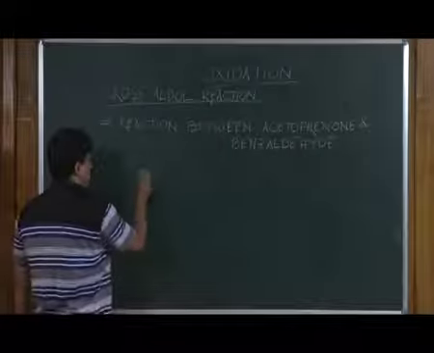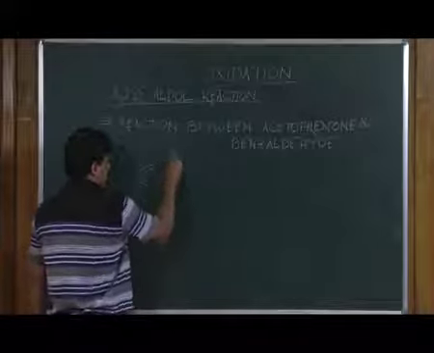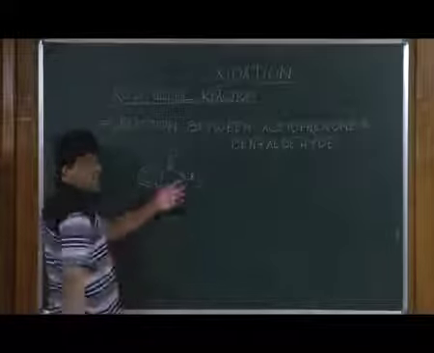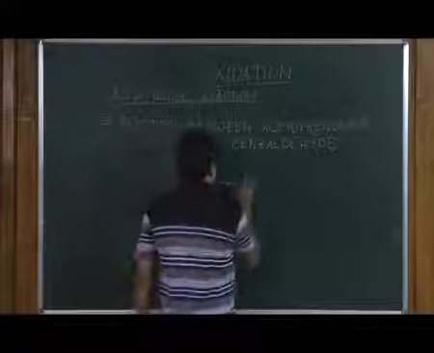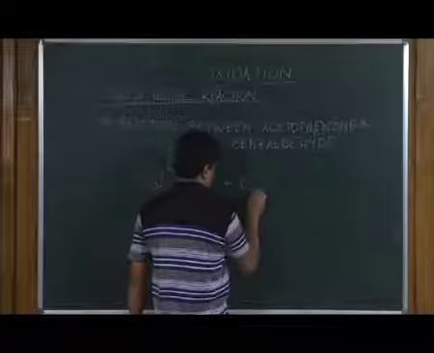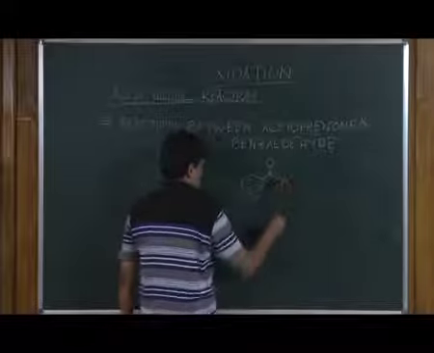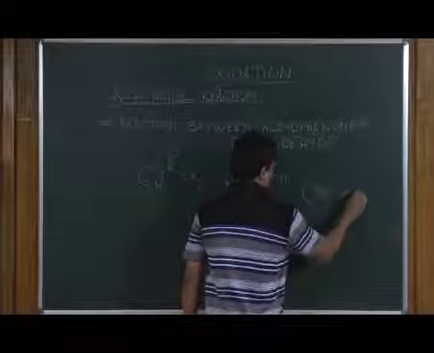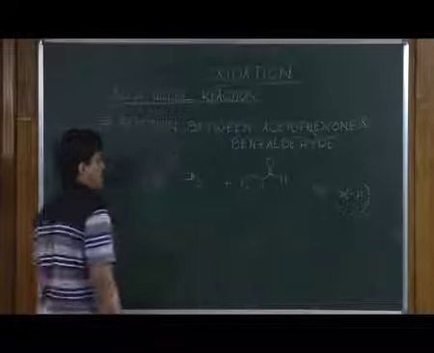Acetophenone has alpha CH, but in benzaldehyde there is no alpha carbon on this side, so there is no alpha hydrogen.